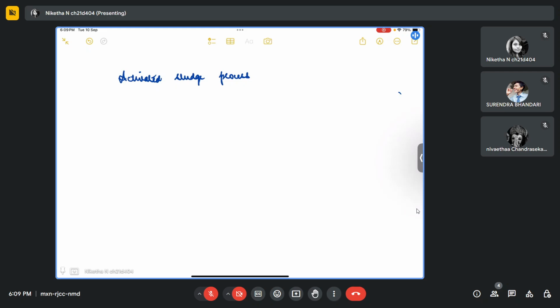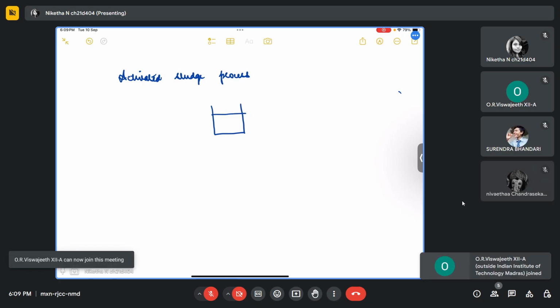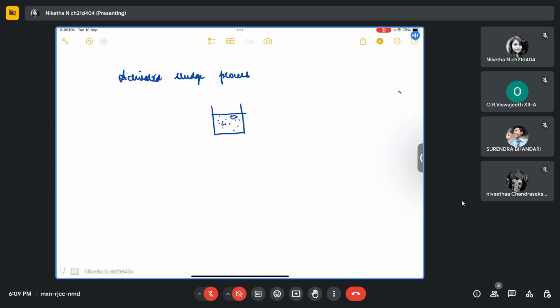So, in the activated sludge process, we have a reactor in which we suspend the microbes. Okay, the microbes are suspended, and then they will react with the organics present in the waste. And we also supply a lot of oxygen so that the microbes can live and respire, and they can break down the organics present in wastewater.